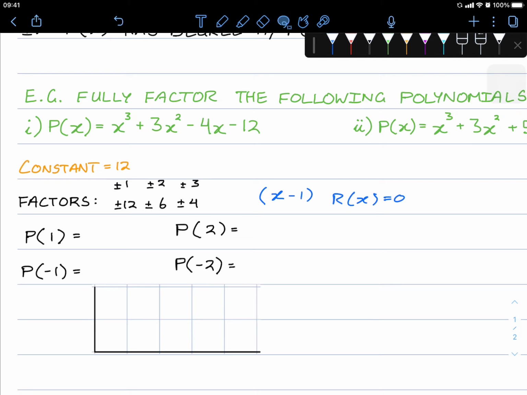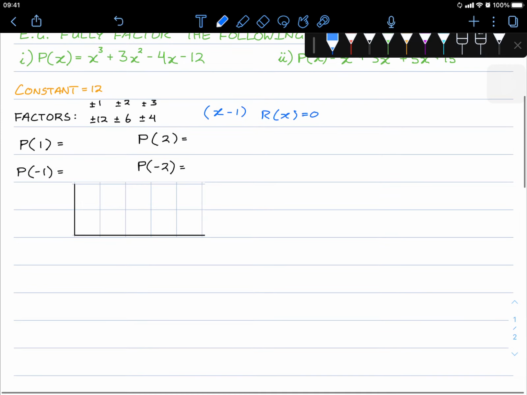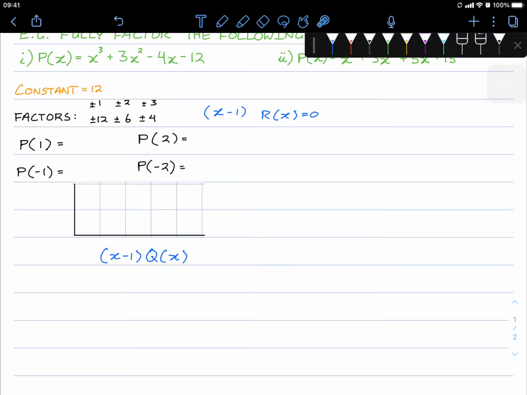If that is true, then x minus 1 is a factor, and we could write it as x minus 1 times q of x. And then from there, we're going to divide this even further because it is yet another polynomial.